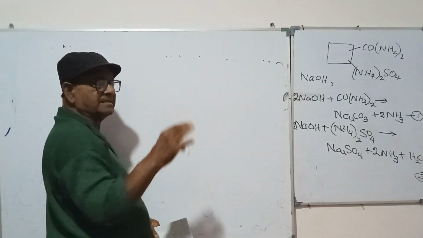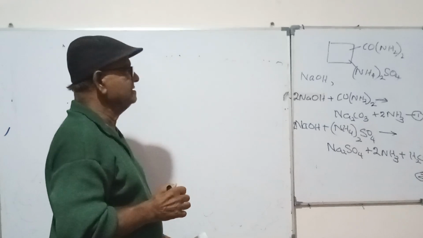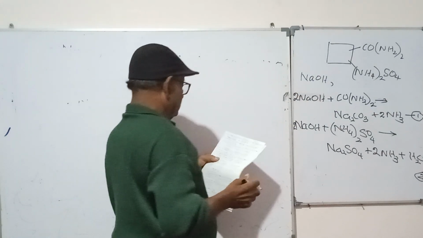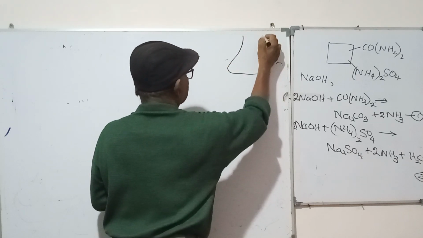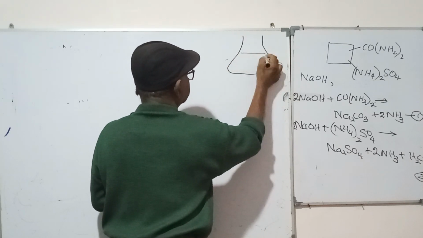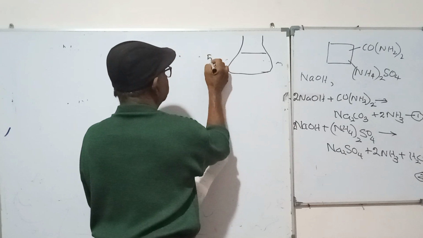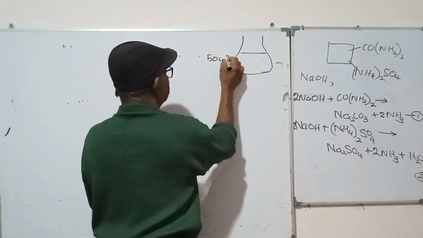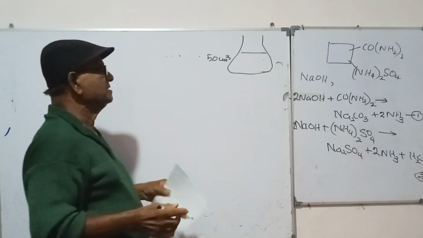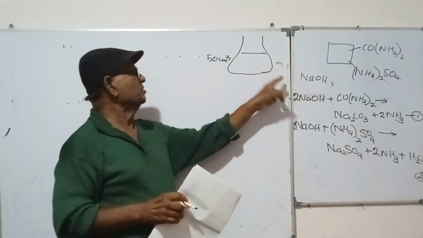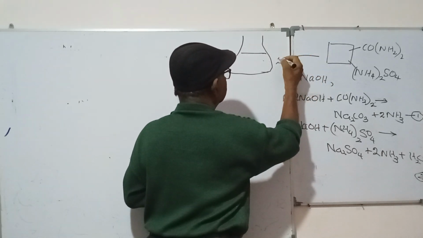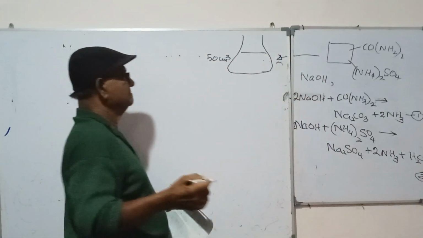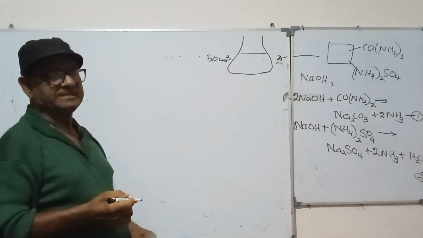Then, regarding these two reactions, the problem is given. A fertilizer sample, a liquid sample of 50 cubic centimeter was taken. Aqueous solution of urea and ammonium sulfate. Both are contained in this solution, 50 cubic centimeter.